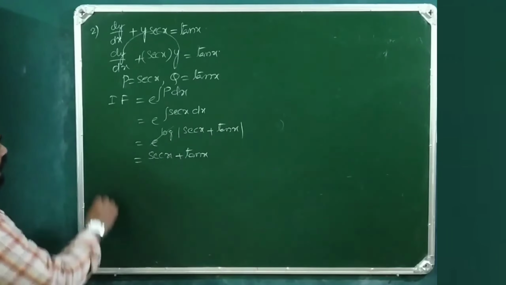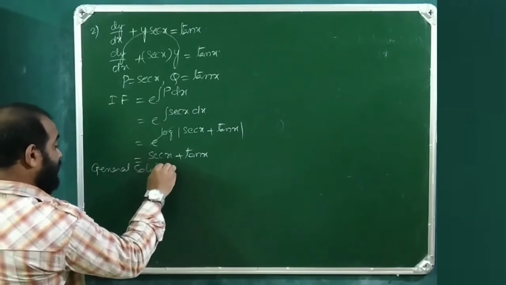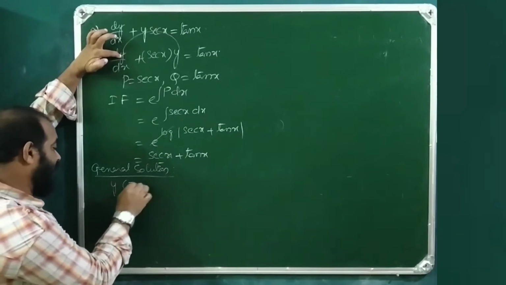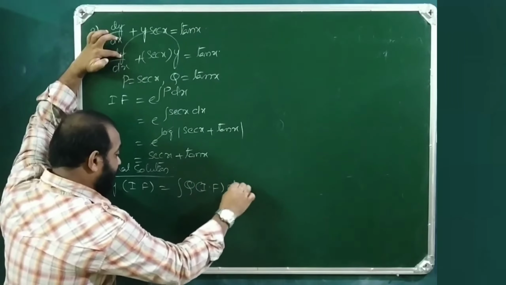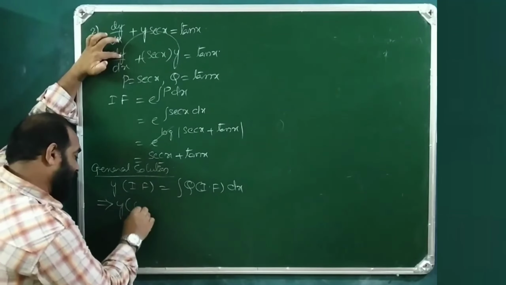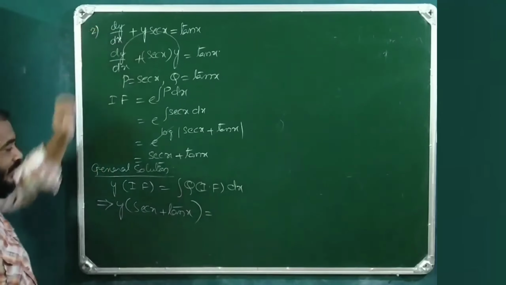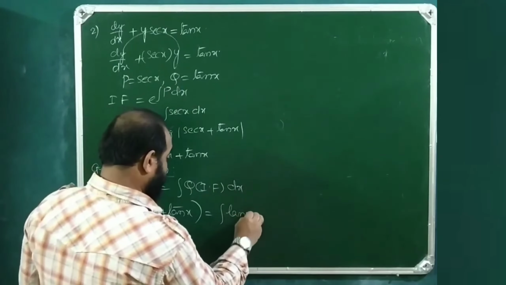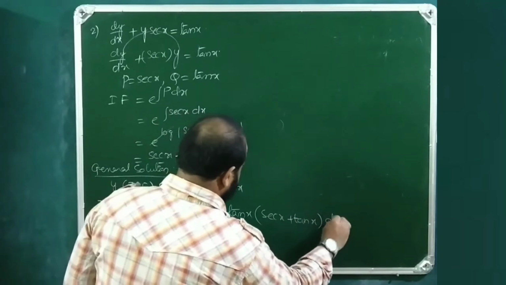Okay. Now the general solution. I should start with y into integral factor is equal to integral q into integral factor into dx. This is y into secant x plus tan x is equal to integral tan x into secant x plus tan x dx.